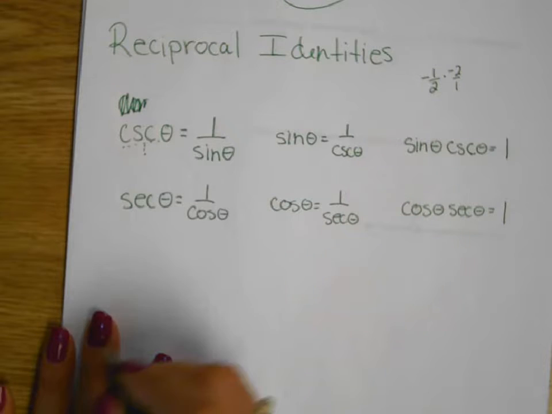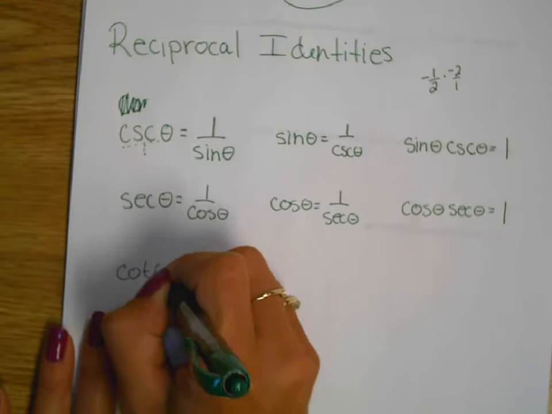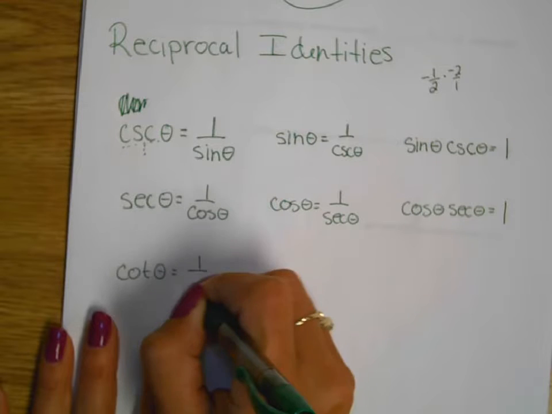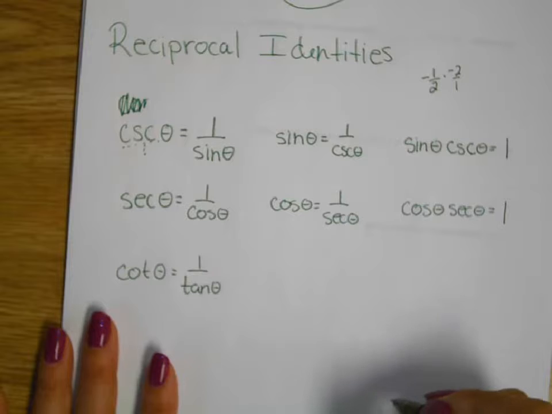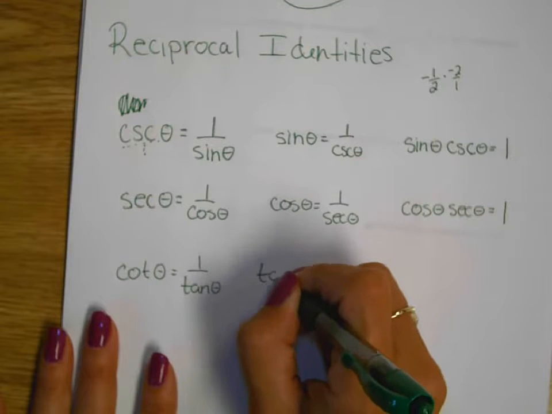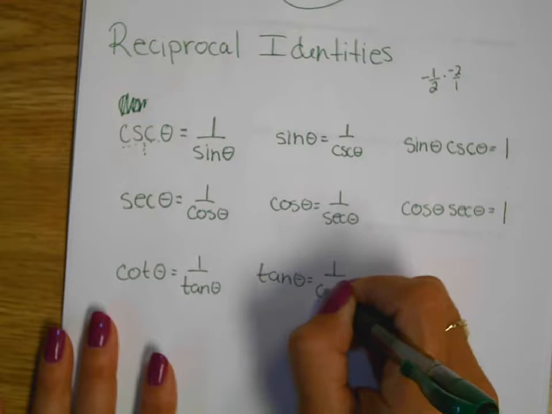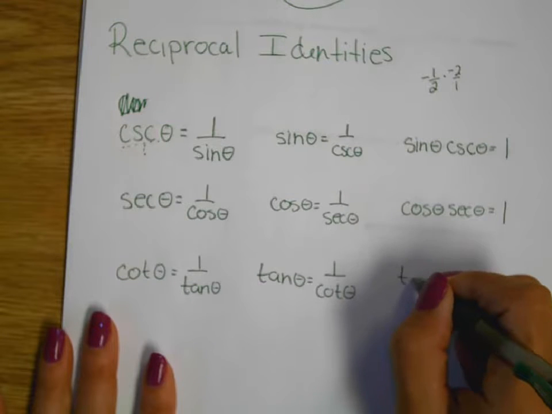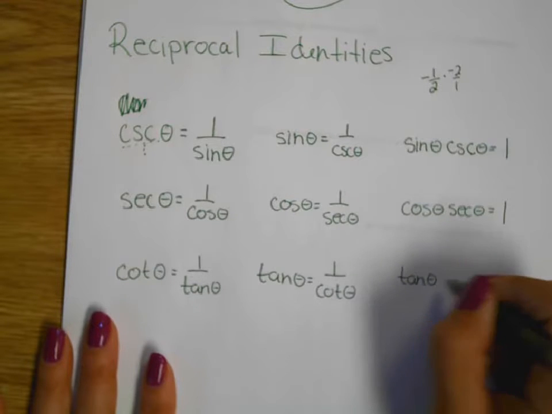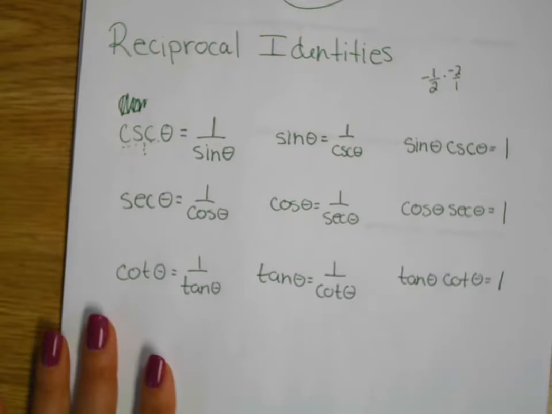And our last one is the tangent-cotangent family. Cotangent is tangent flipped over. Tangent is cotangent flipped over. And the tangent ratio multiplied by the cotangent ratio will give us 1.